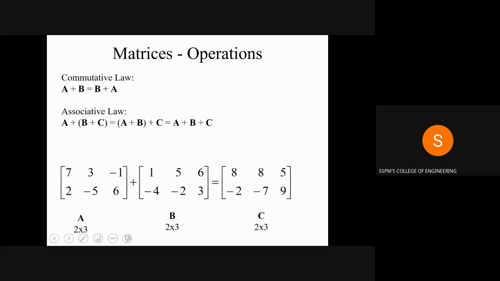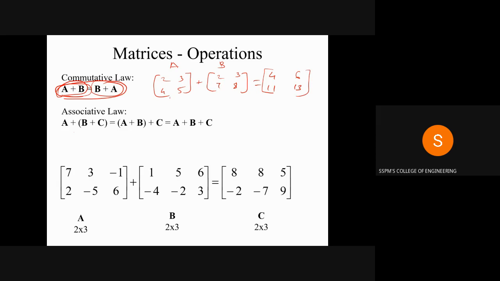Okay, so commutative law. Matrices follow the commutative law. What is the commutative law? A plus B is equal to B plus A. If you add A plus B, and suppose these are two matrices, 2 3 4 5 plus 2 3 7 8, suppose this is A, this is B. The addition of these matrices will be 4 6 11 13.